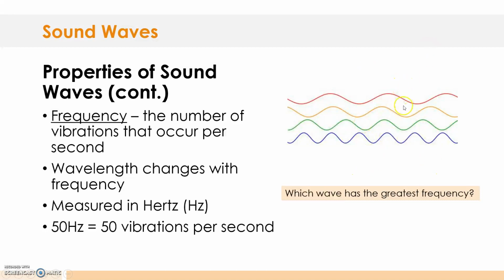Which one is going to have the most waves passing a point in 1 second? It's going to be this bottom one because that has the shortest wavelength, distance between those crests. So we're going to have a lot more waves passing by. So if we counted in 1 second how many waves were passing by, if this were moving, that would be how many hertz it was.